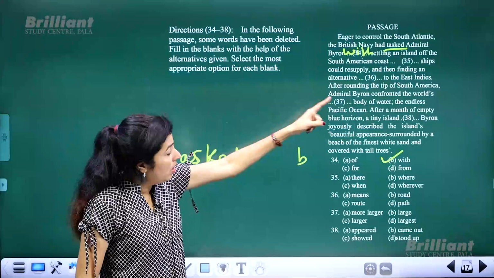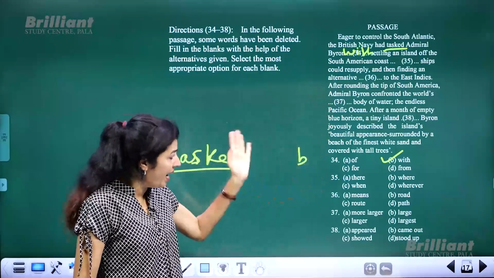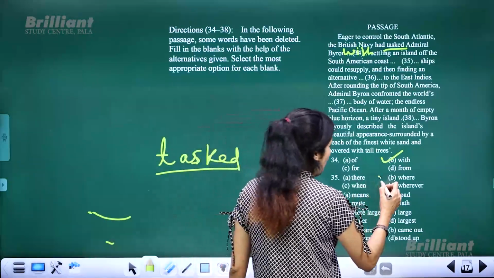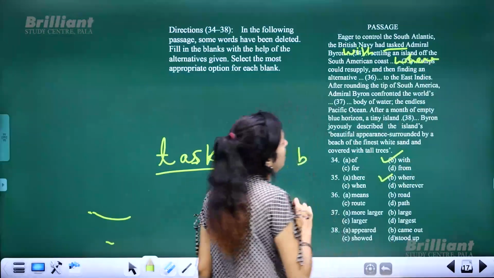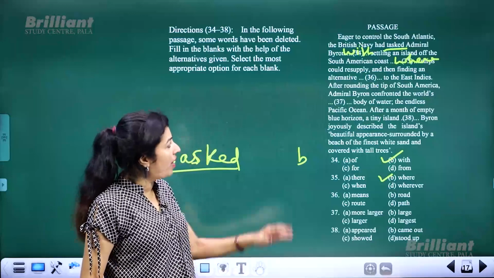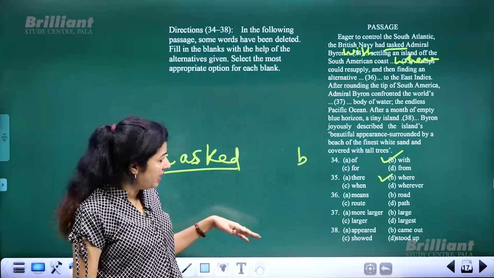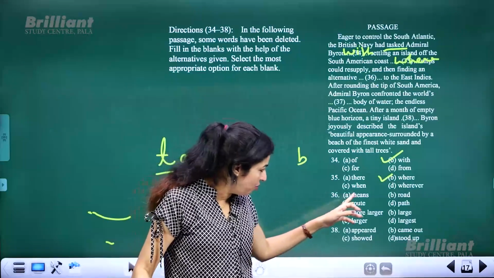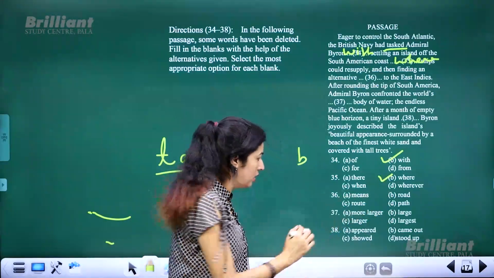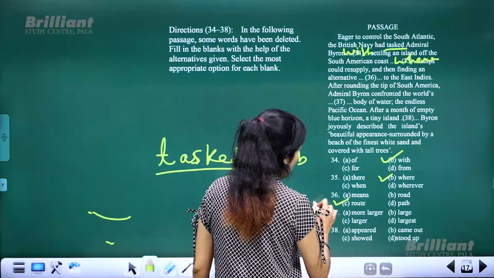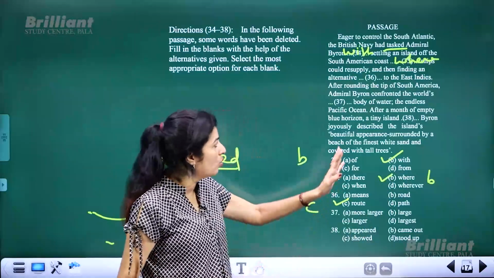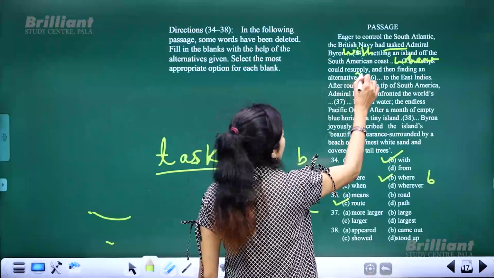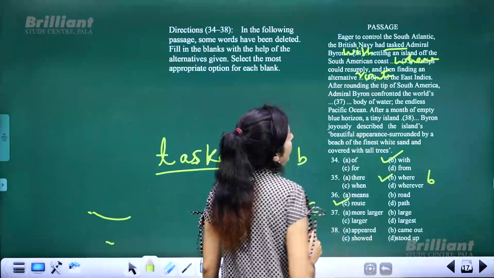Why? Dash ships could, where, even without looking into the options we can find it out, where ships could resupply, and then finding an alternative dash to the East Indies. Alternative means route. So it is alternative route to the East Indies.